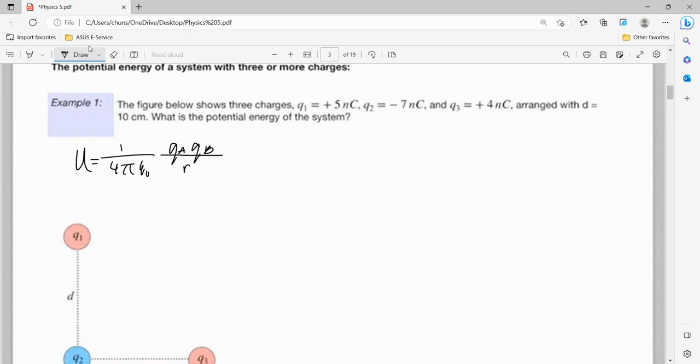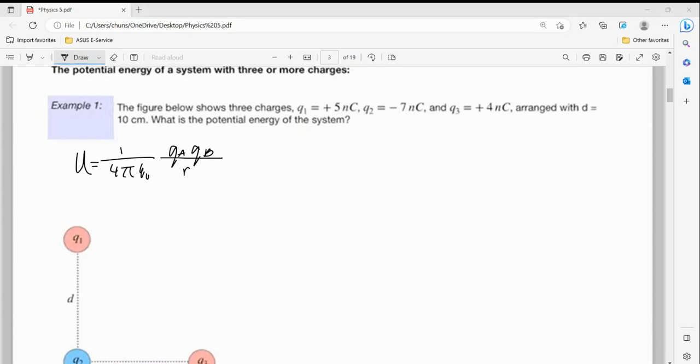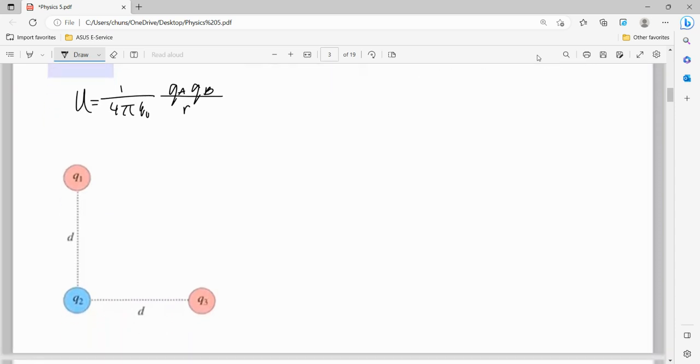For this problem, we are asked to find the potential energy of the system. So what's the total energy? We'll have to pair up these different charges, because we want the work that each pair of charges exerts.